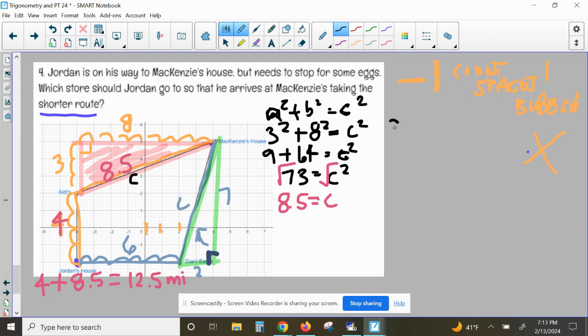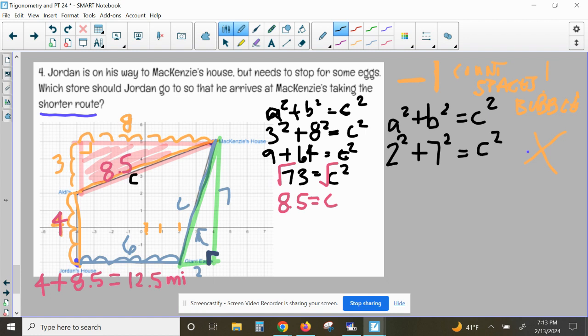So that's A squared plus B squared equals C squared. I'm going to make A and B 2 and 7. So that's 2 squared plus 7 squared equals my hypotenuse, C squared.